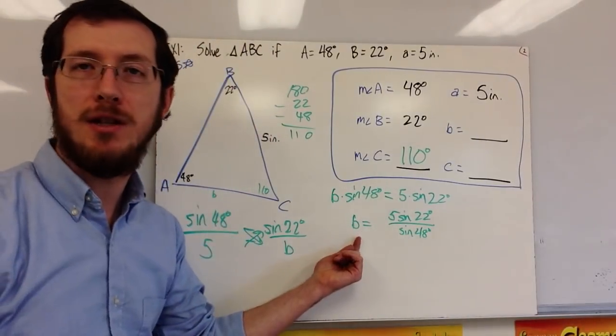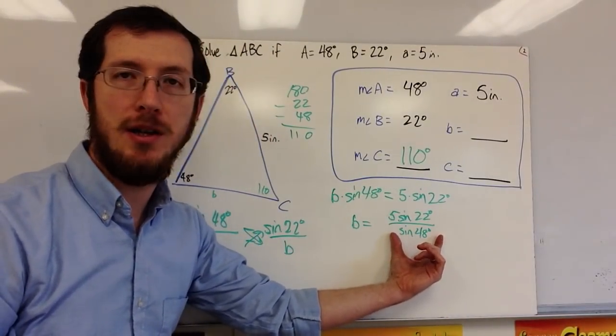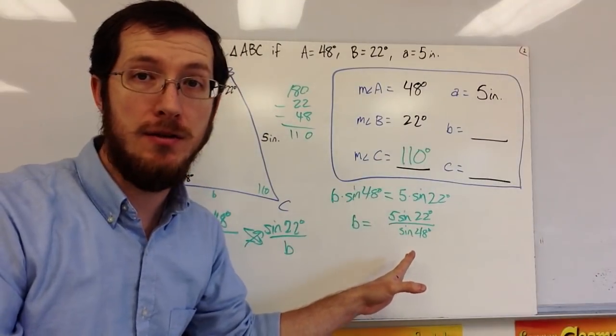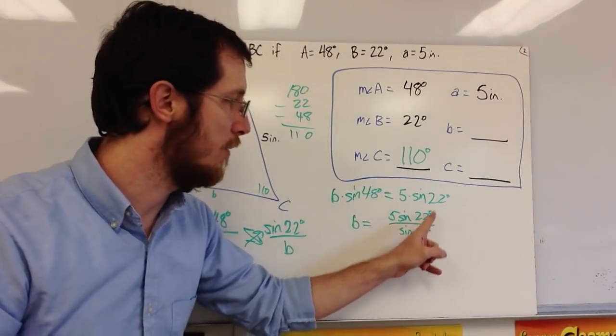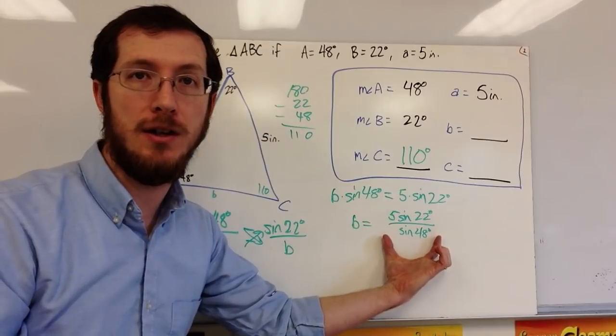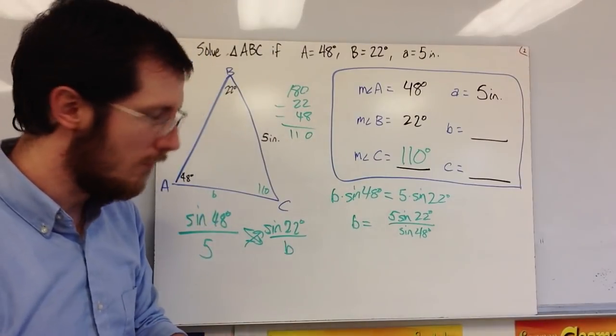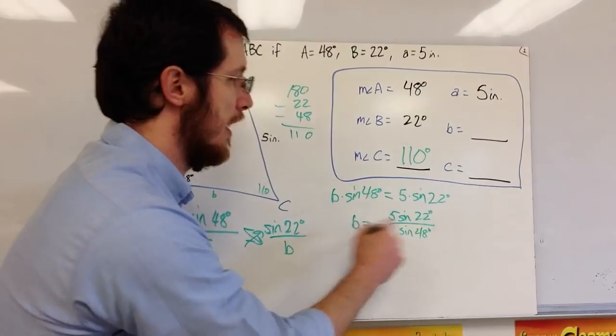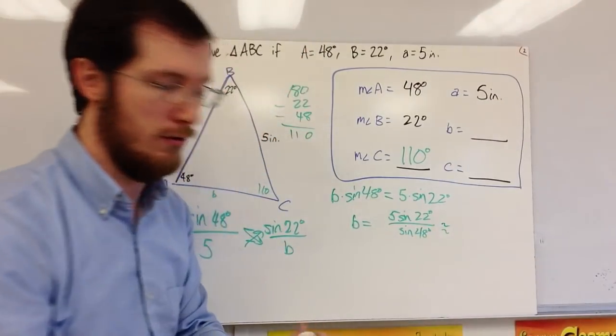Now we've got b solved for itself. We've got this expression here. We cannot cross out those two sines. We cannot simplify what's inside those sines. We've got to put this big chunk into our calculator, because we want our side, and we're going to round to 3 decimal places.